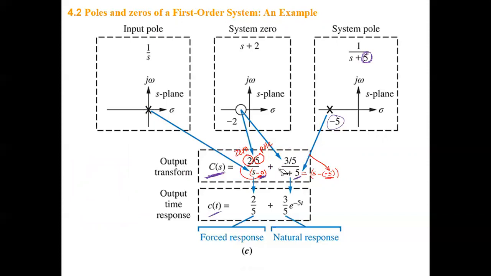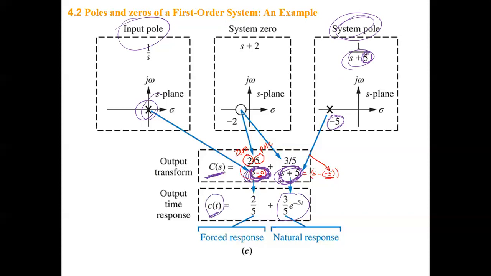If you take a look at the bottom only, this term is coming from here, which is the input pole. And this one is coming from here, which is the system pole. Finally we got the solution in the form of t.